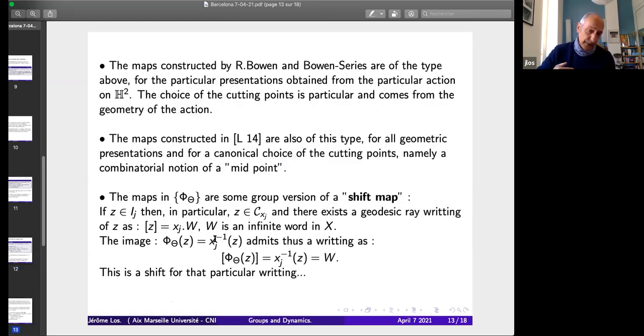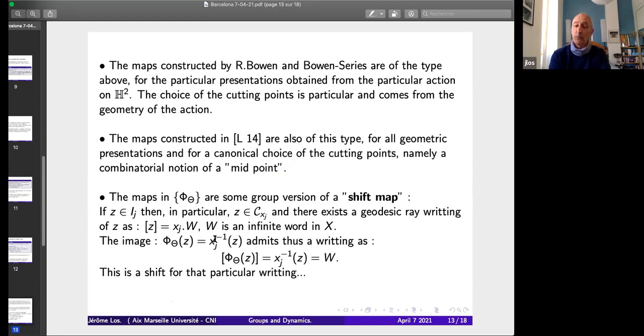And now if you look at the history of that map, the map that Bowen and Series, and Bowen alone, have defined for the very particular presentation that they obtained from the particular action that they got, it's a map in this class for, again, a very particular choice of the cutting points.